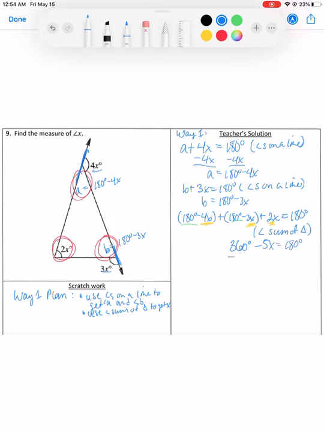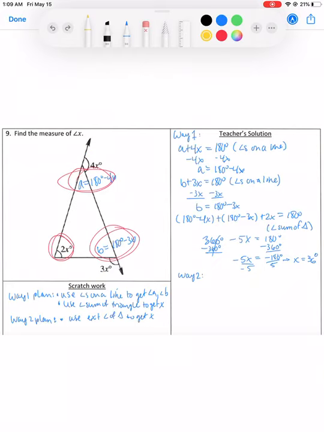I'm going to go ahead and subtract 360 degrees from both sides to isolate my variable. Negative 5x is equal to negative 180 degrees, and then divide by negative 5, and then x is going to equal 36 degrees. Okay, so that was a pretty long one.